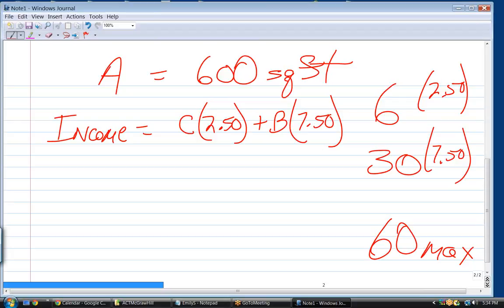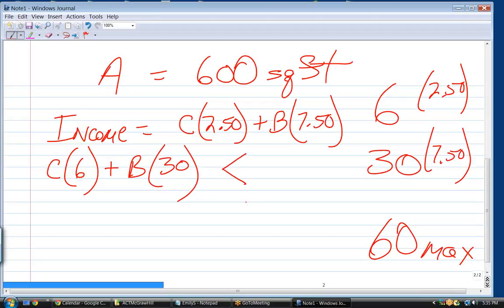So we can say cars times 6 plus buses times 30 has to be less than or equal to 600 square feet.